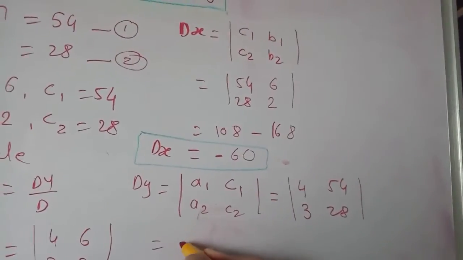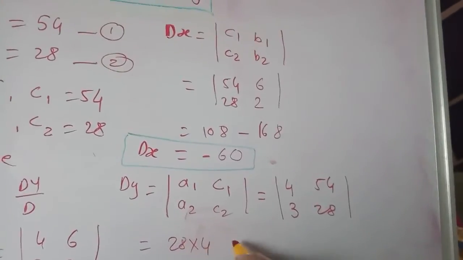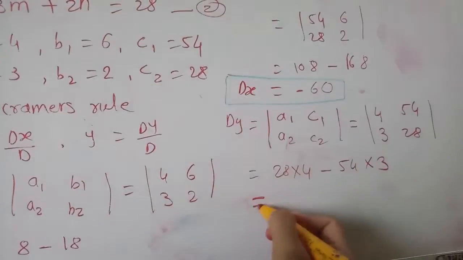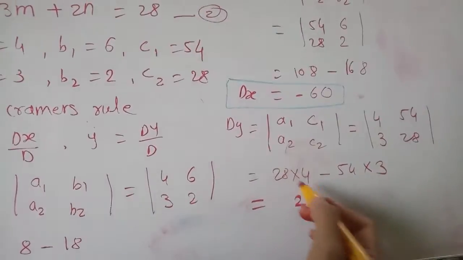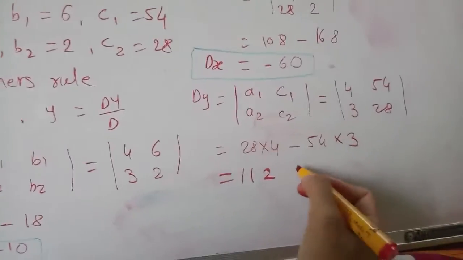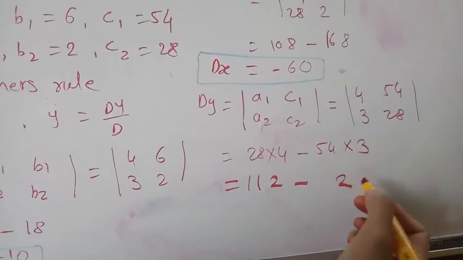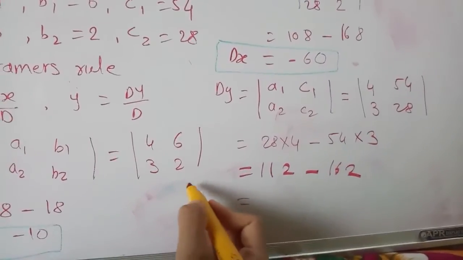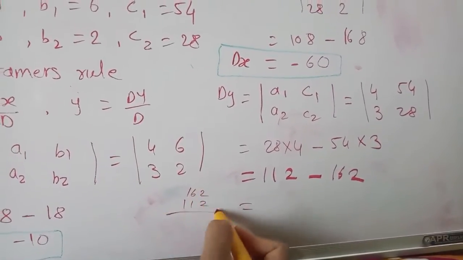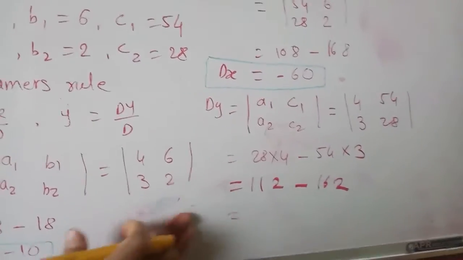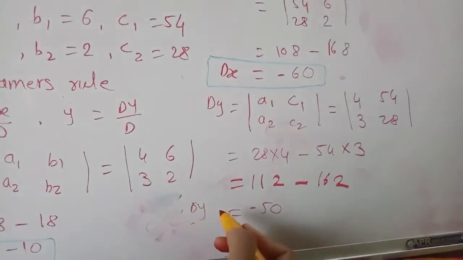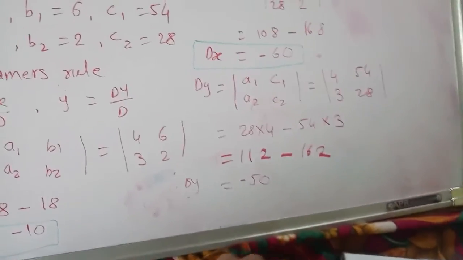So cross multiplication, 28 into 4 minus 54 into 3 is equals to 112 minus 162. So the difference of 162 and 112 is 50. So dy is equals to minus 50.